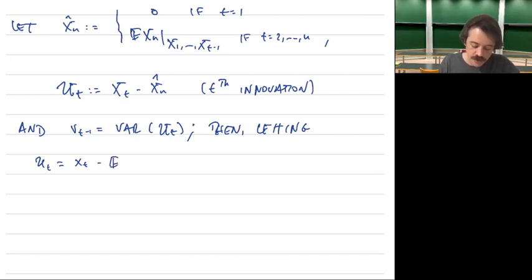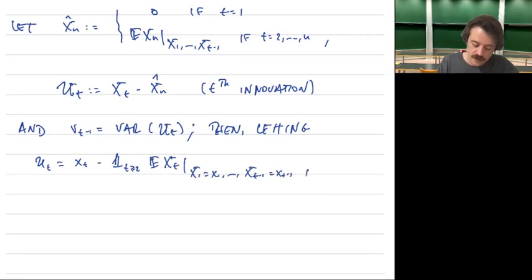It depends on whether t equals 1 or not. If t is greater than or equal to 2, then we have the expectation of capital X t, where now x1 is the observed x1 up to x t minus 1 being the observed x t minus 1.